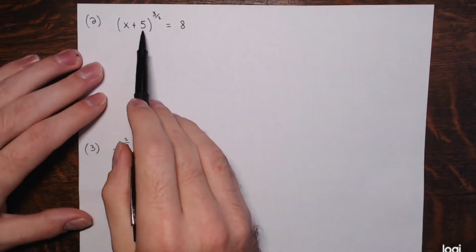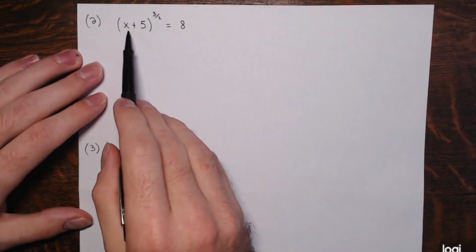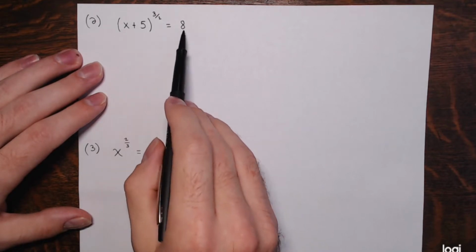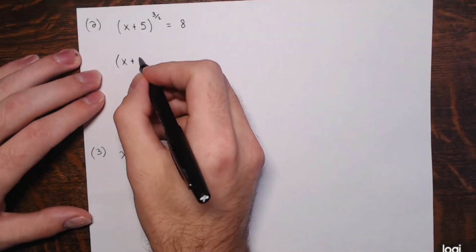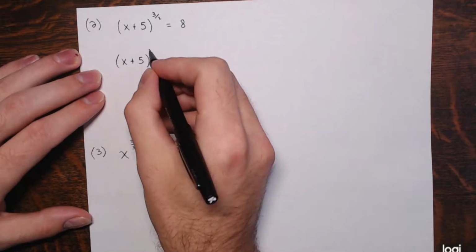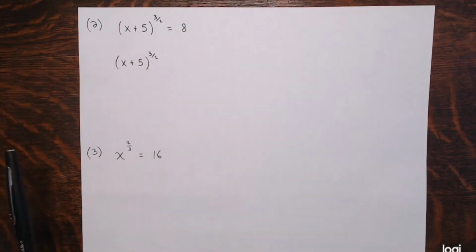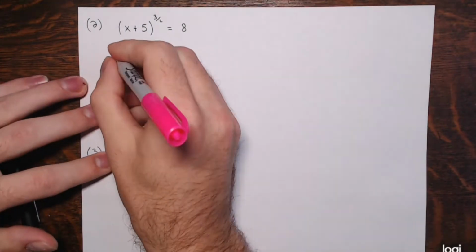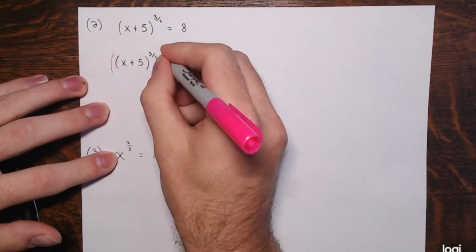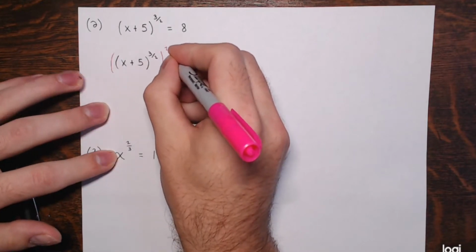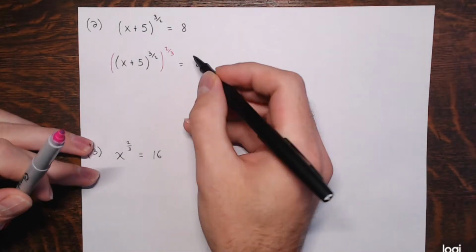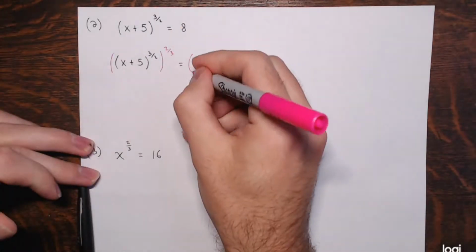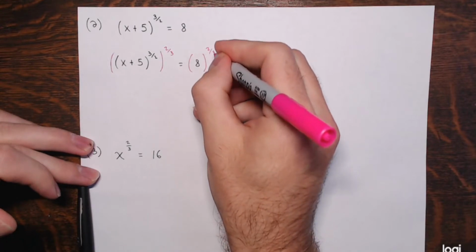All right. So example 2. Right, pretty similar. See, I've got a variable expression to a power all by itself equals a constant. So we could raise both sides to the reciprocal power. So I have x plus 5 to the 3 halves, and I raise this to the 2/3 power, and then do the same thing over here, 8, and raise it to the 2/3 power.